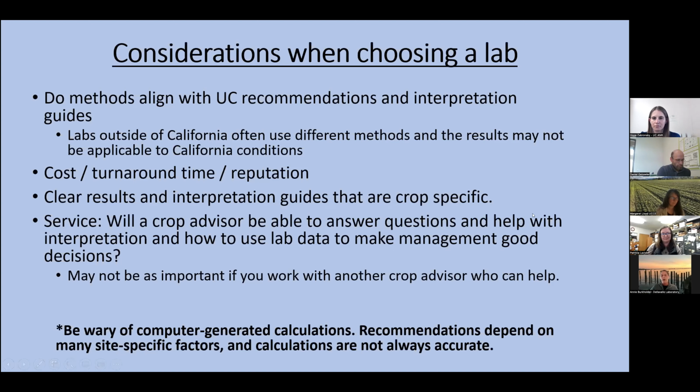And then you always want, as Patricia was noting, something crop specific. Every crop has different needs, different tolerances to pH, salinity, and all that. So whenever you turn in the paperwork, indicate the crop and make sure it's a crop specific footer or interpretation guide that you're using.